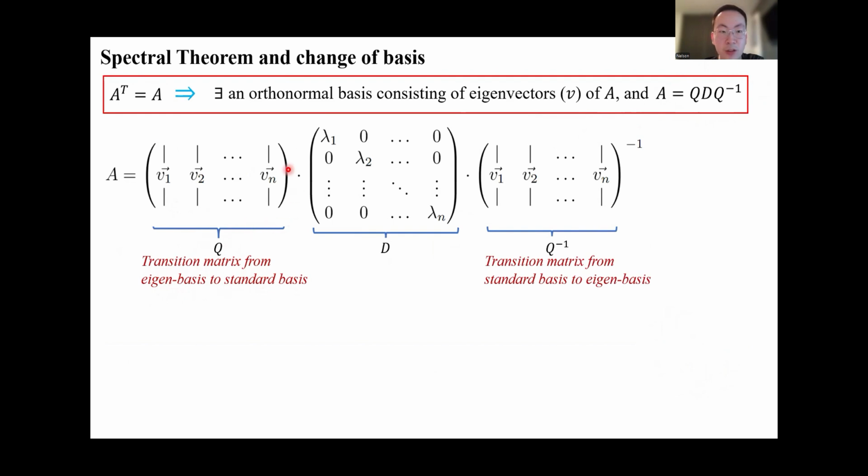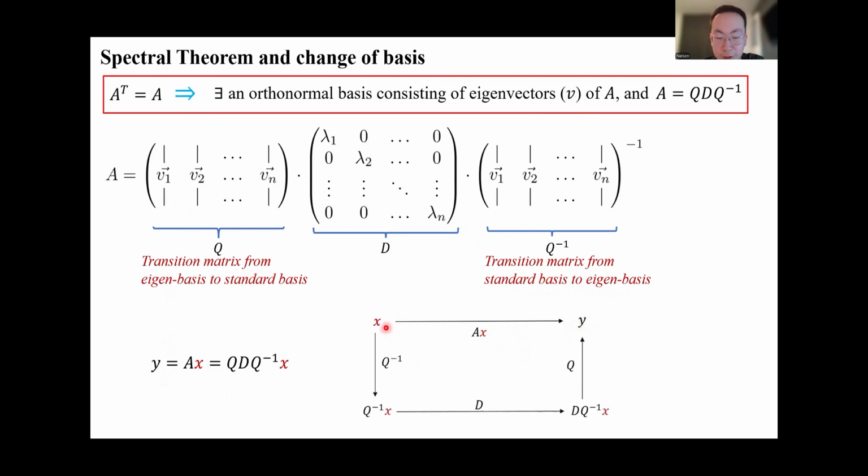Here we still consider a matrix as a linear transformation, as I explained earlier. And this Q to the power of -1 is just the transpose of this matrix Q, which is the transition matrix from the standard basis to the eigenbasis. Why is this important? Because if I want to apply a linear operator A to an arbitrary vector x, and I denote the result as vector y, I have two ways to do this operation. First, I can directly apply this matrix A to x and get y.